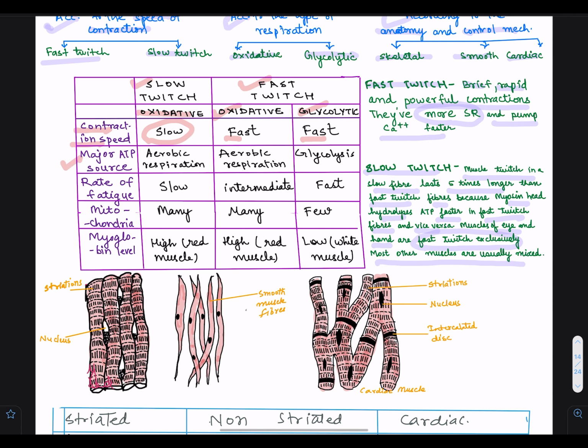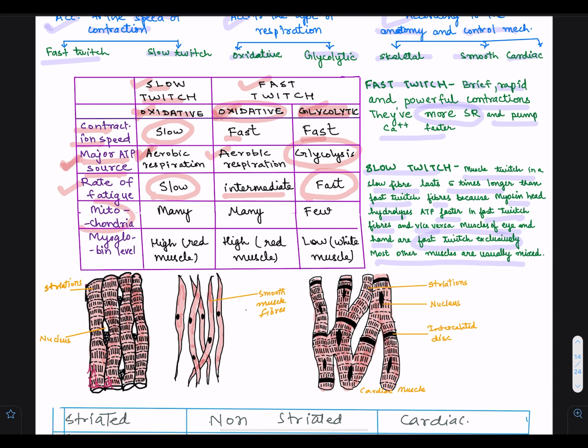Now, the major ATP source of slow twitch fibers, which are oxidative, is aerobic respiration, because oxidative itself explains aerobic respiration, while the fast twitch oxidative fibers will also use aerobic respiration for their major ATP source, while the glycolytic fibers will use glycolysis as the major ATP source. Rate of fatigue of slow twitch fibers is slow, oxidative fast twitch fibers is intermediate, and glycolytic fast twitch fibers is fast. They fatigue fast.